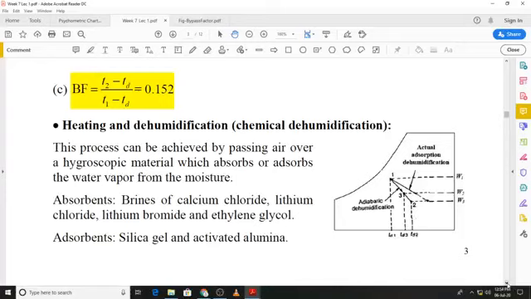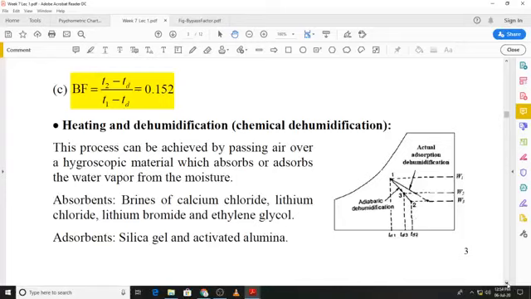Typically the substances used are solutions of calcium chloride, lithium chloride, lithium bromide in water, and similarly ethylene glycol in water. These are known as brines. We can also use crystals of silica gel and also activated ammonia.